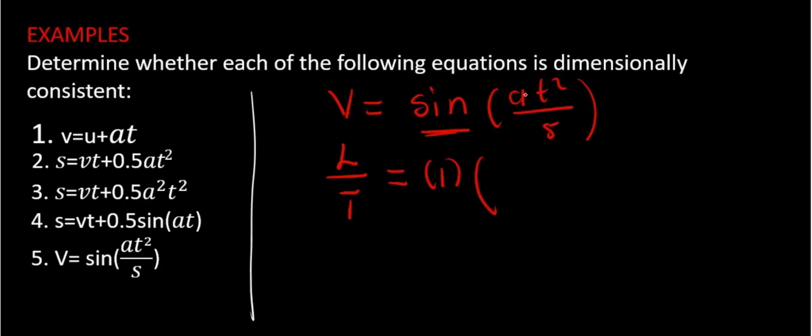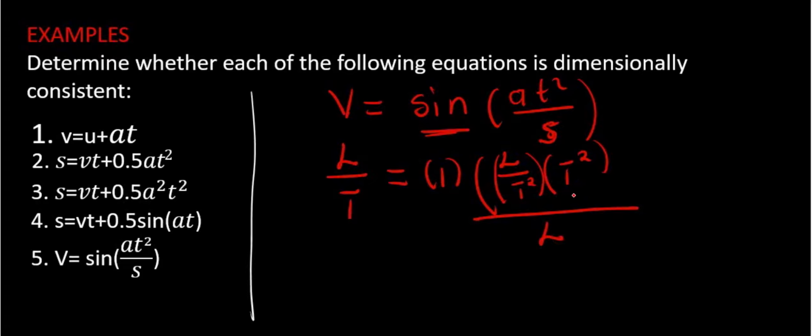Then on top here you have acceleration, so L over t squared times t squared, over, this is the s, a displacement, so over L. Then this t squared and this t squared cancel, right?